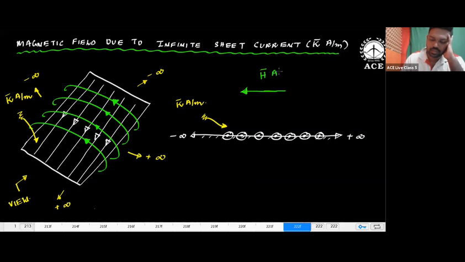H, units are ampere per meter. Clear, beta? Yes. So for the infinite sheet current, the magnetic field is tangential on both sides.